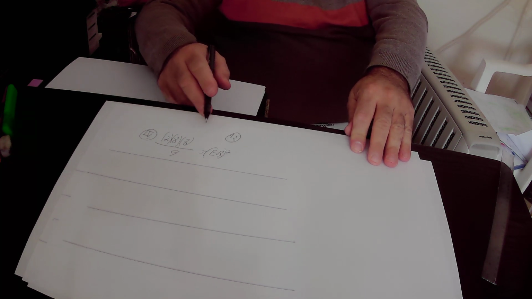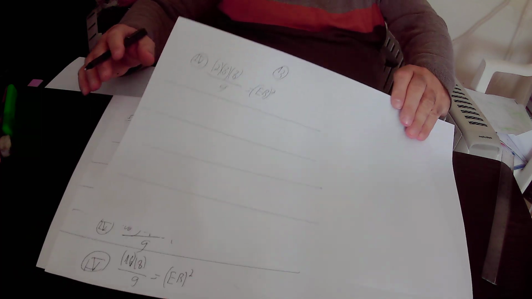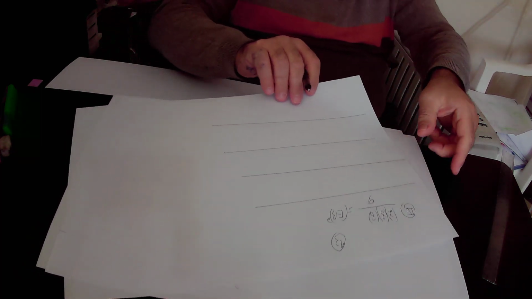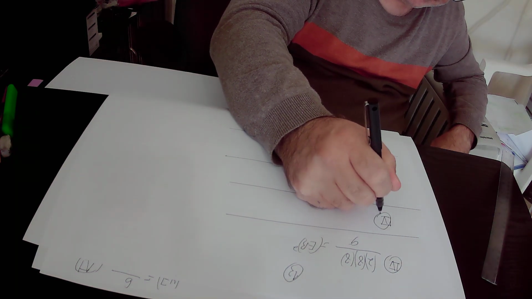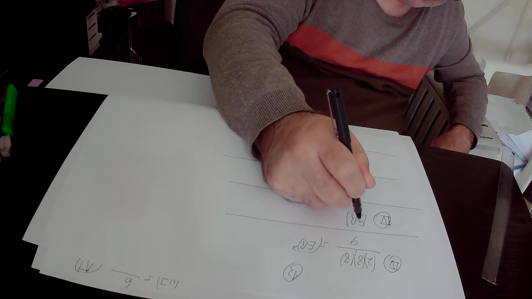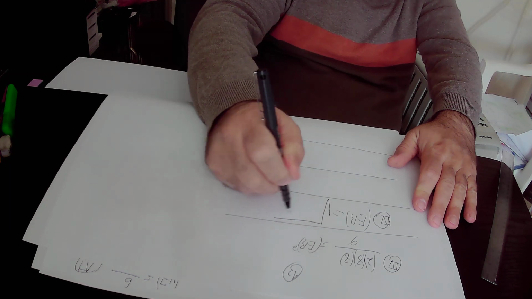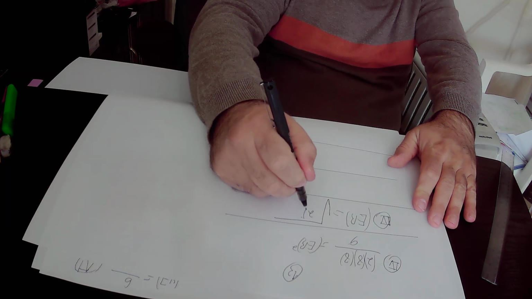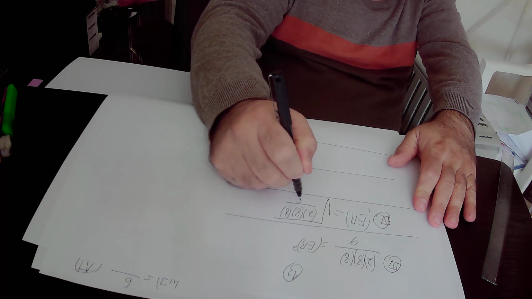Here we will take a root out of this equation, equation number 4, and we will get that EB equals the square root of 2 times 8 over 9.